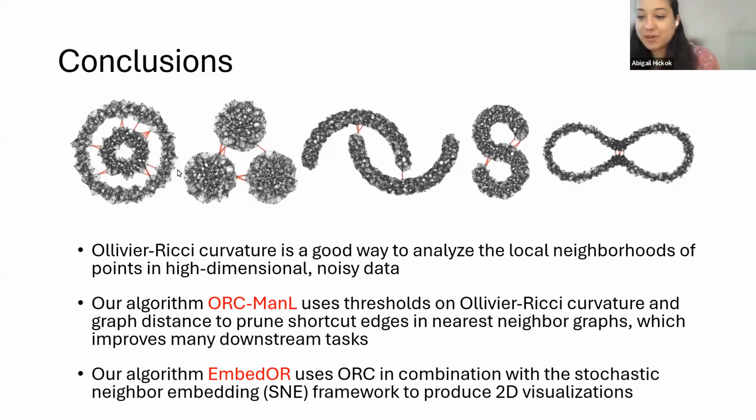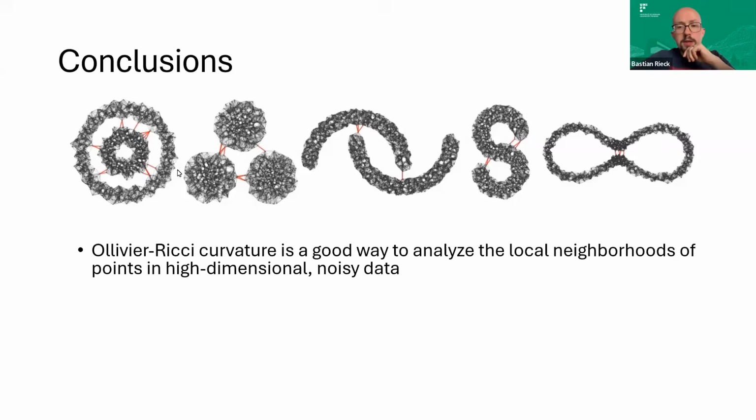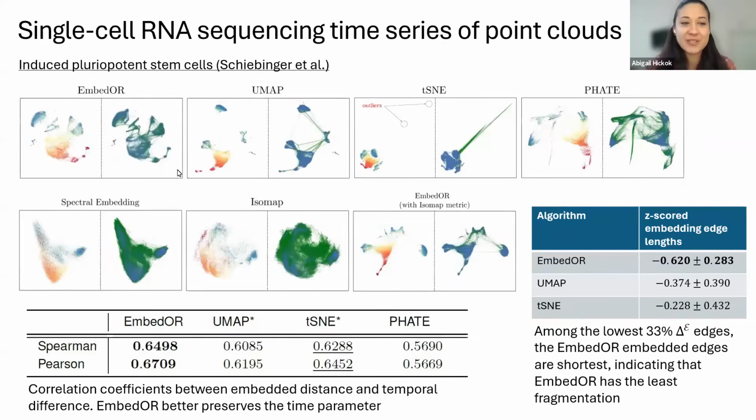Maybe you could clarify exactly what you mean. Yeah, we did have this one example where we had a sequence of point clouds.